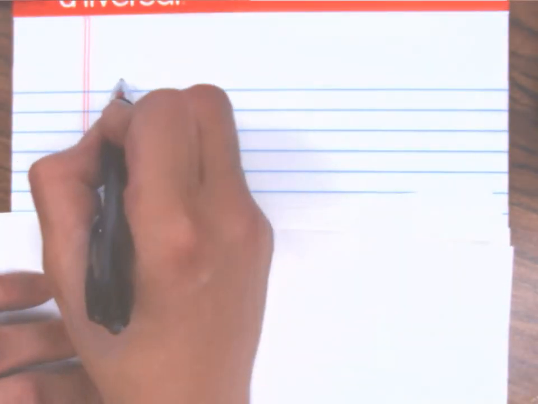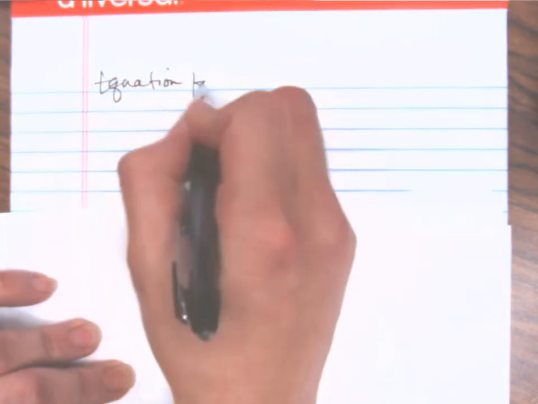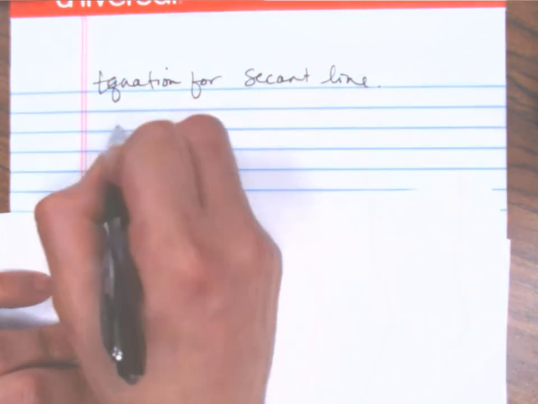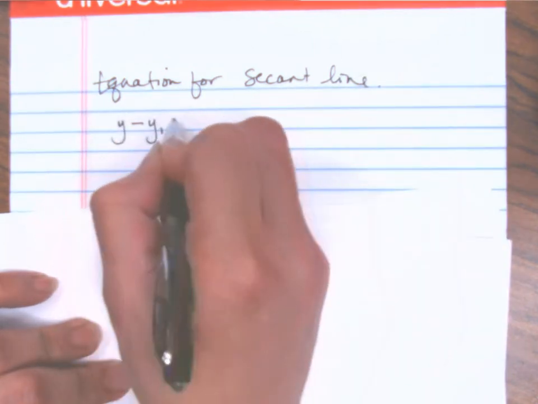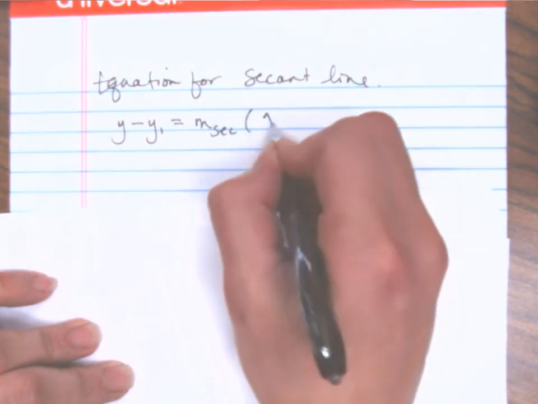For my own benefit, let's do this one more time. But let's use the other set of points that we had, just so you can see that no matter which set you pick, you're going to end up with the same equation. Okay, so our equation for a line, we said y minus y1 equals our slope of the secant line times x minus x1.